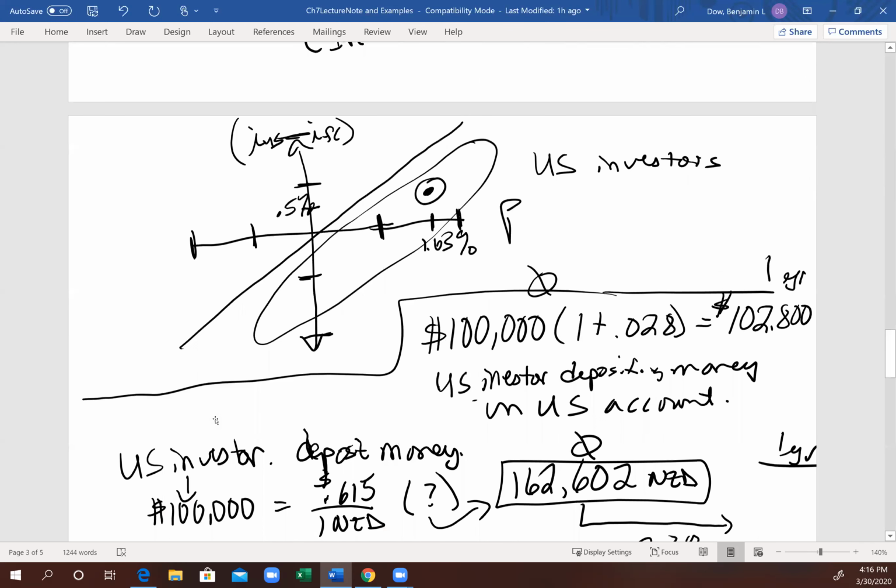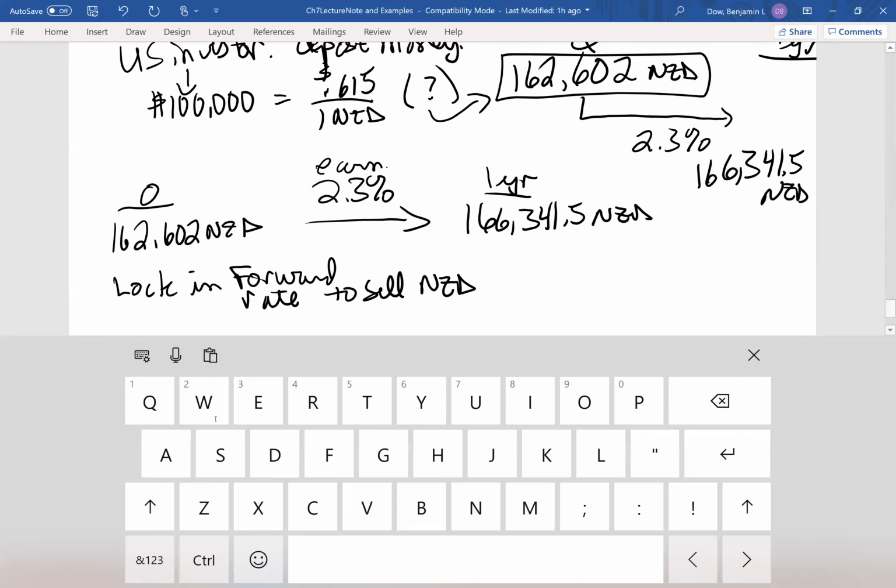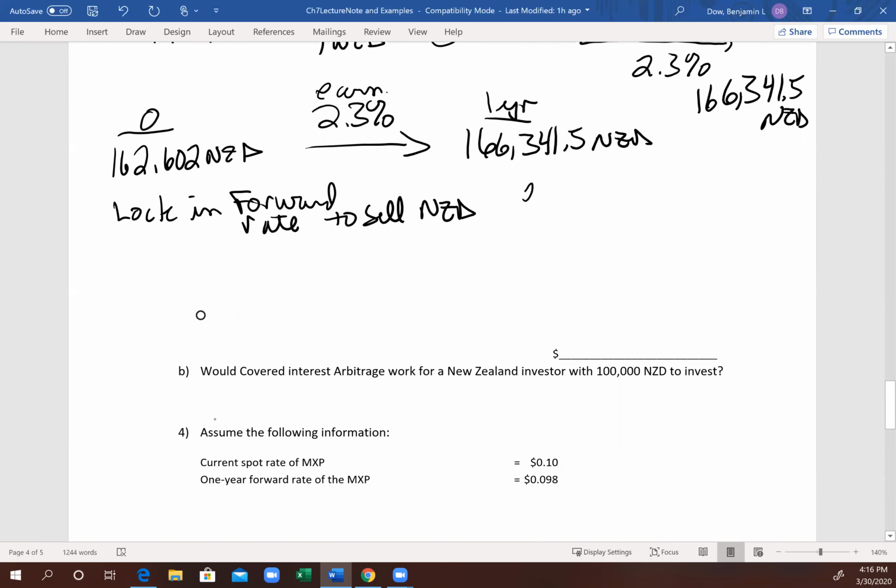So if we lock in a forward rate to sell New Zealand dollars, it doesn't matter what the spot rate is, we're selling New Zealand dollars at 0.625. Then 166,341.5 New Zealand dollars times 0.625 would give us 103,963 and change US dollars.